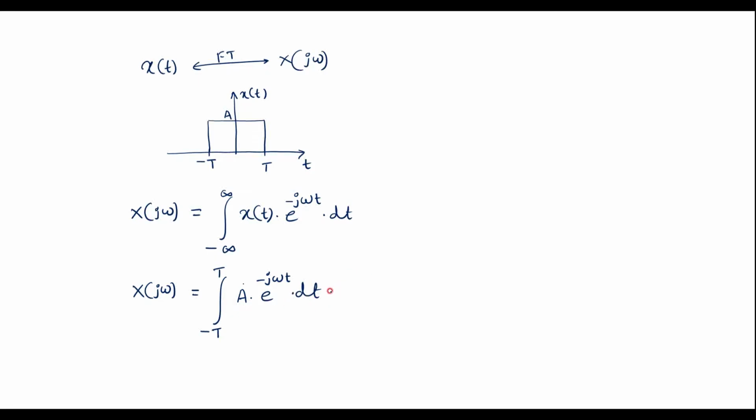So now let me simplify this further. I can represent here x of j omega is equal to, here A is constant, keep A as it is. Integration of e power minus j omega t is given by e power minus j omega t divided by minus j omega, and the limits are minus T to plus T. Let me simplify this further.